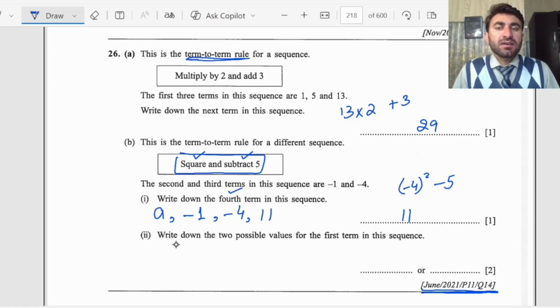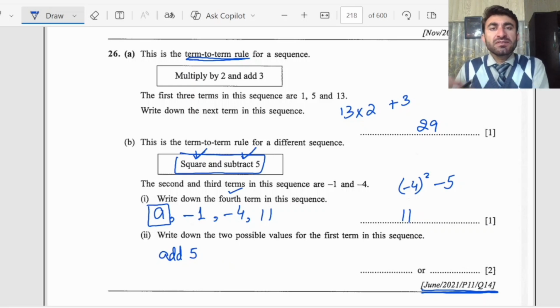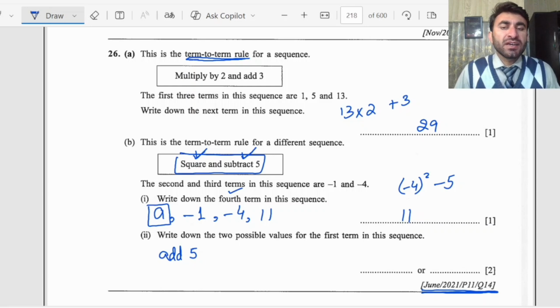And it stated, write down the two possible values of the first term of this sequence. So in order to figure out the first term of this sequence, from the second term, we will reverse these operations. We will reverse subtraction with the addition. We will add 5 and reverse square with the square root. Term to term rule for the previous term shall become add 5 and square root.